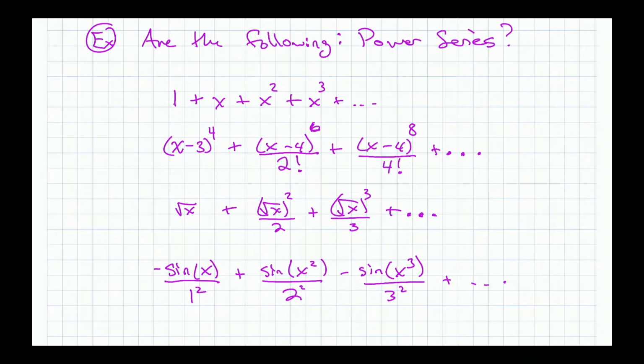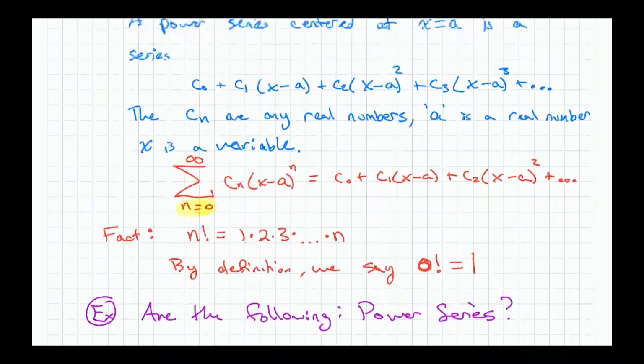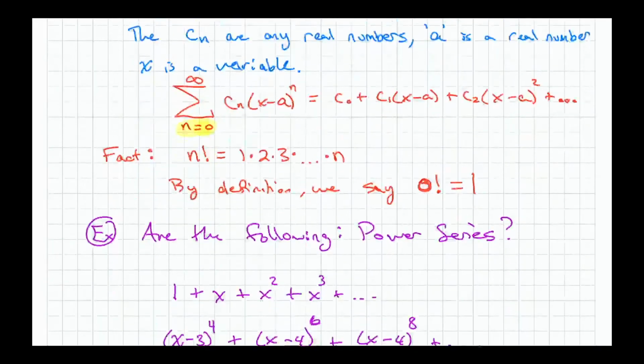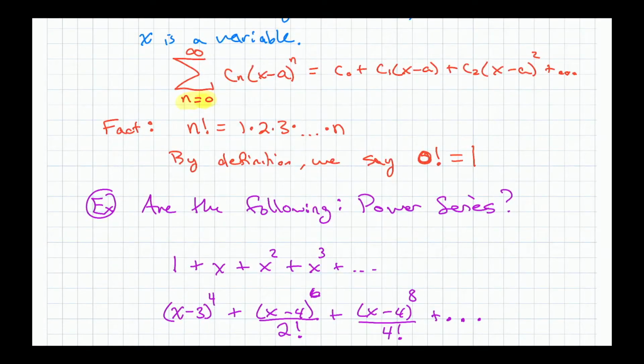All right, so are these power series? And so what you want to do is just really pay attention to what a power series is. The Cn can come from anything. The Cn can depend on n as much as it wants to. So there could be any kind of formula using n in the Cn part.